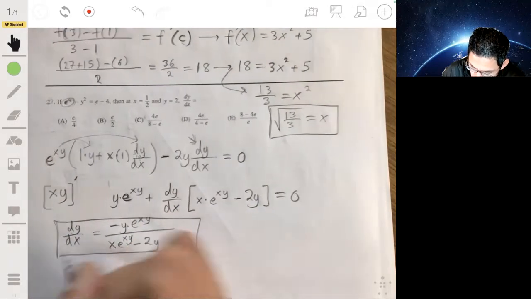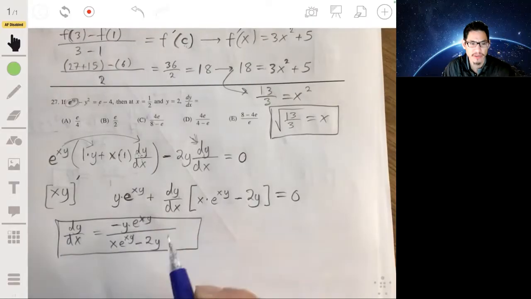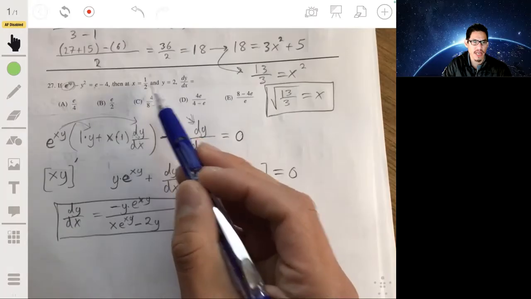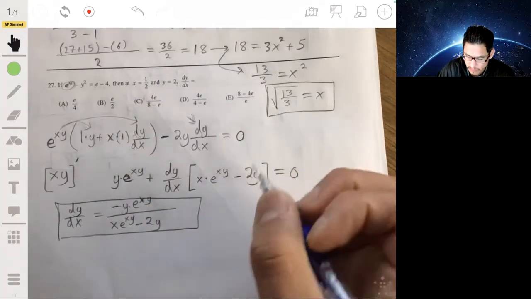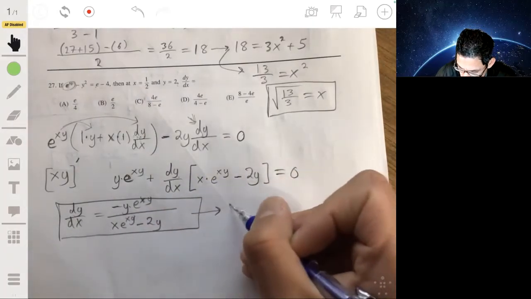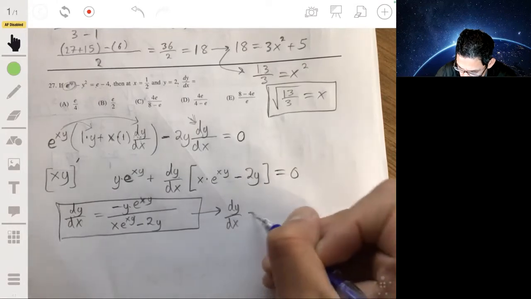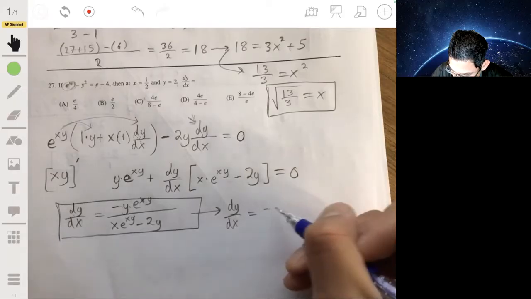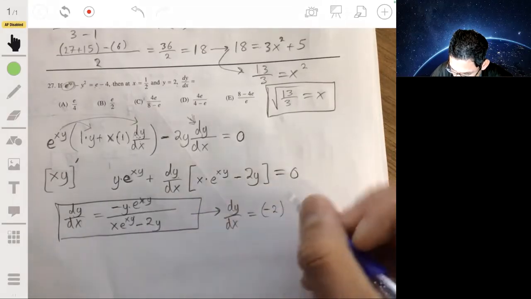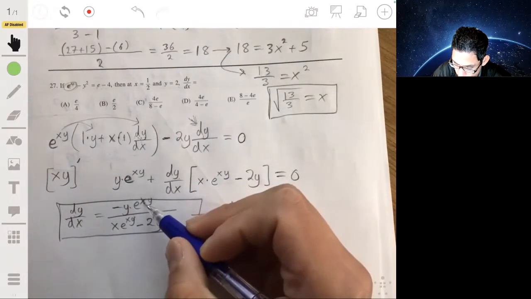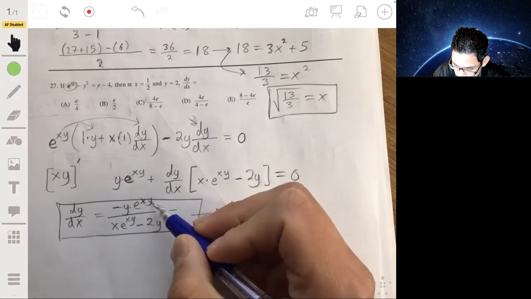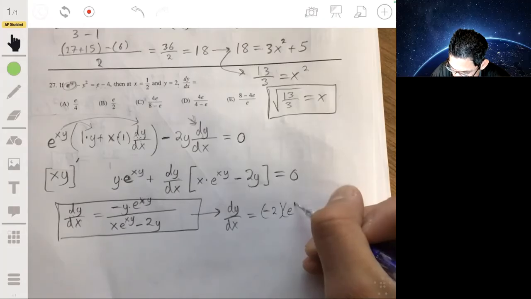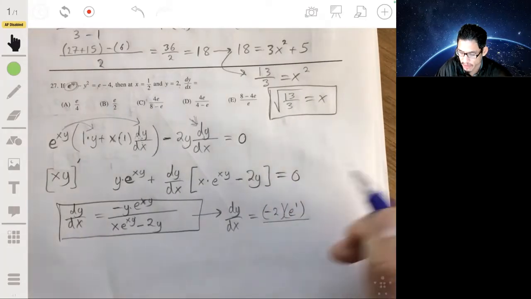And here's our equation for the derivative. And then we just evaluate this for x equals 1/2 and y equals 2. So it's just some simple algebra. So we have negative 2 times e to the 1/2 times 2, so e to the 1, so just e.